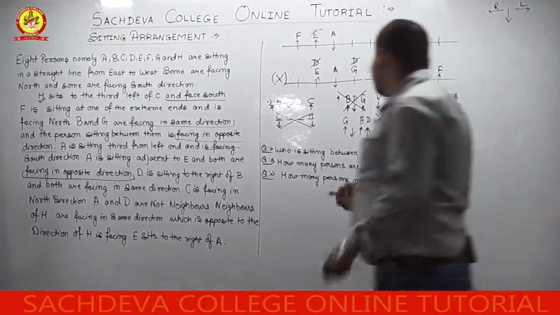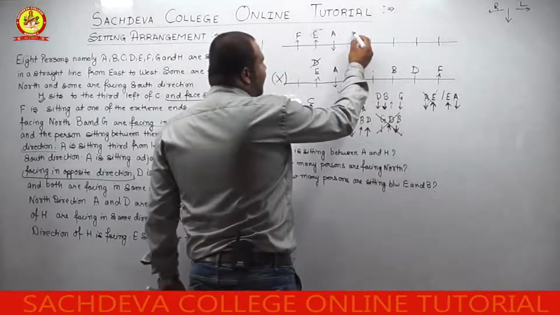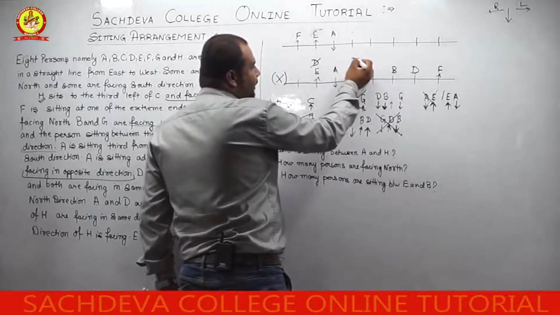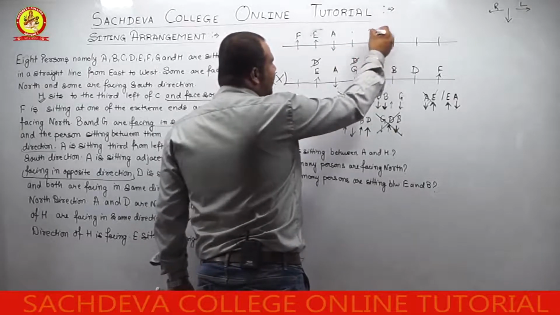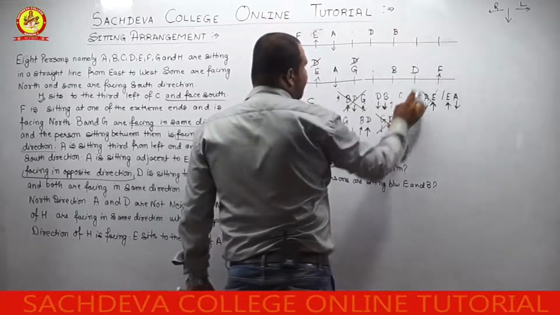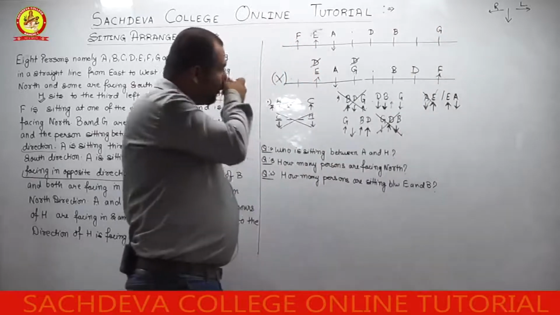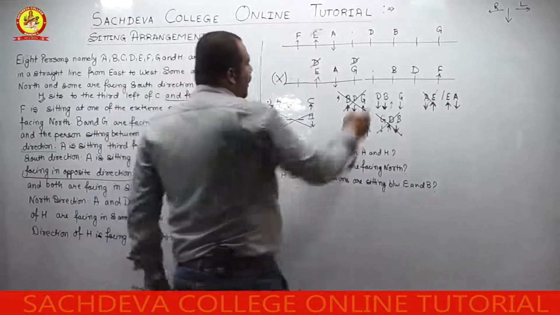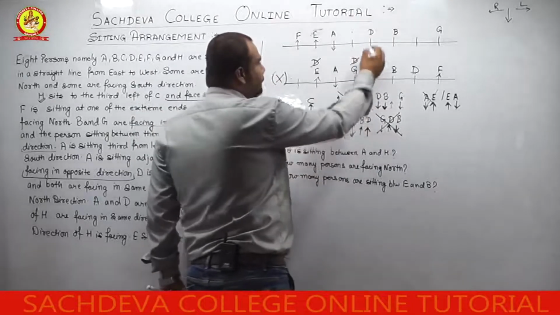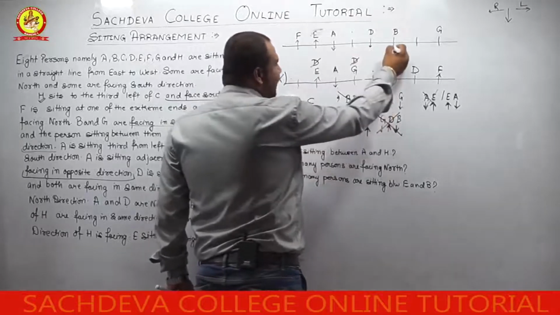If we consider D, B space G, D cannot be seated here because D is not the neighbor of A. So we can have D, B space G. Now, if D is seated here, then D is facing south. B is seated here, then B is again facing south.